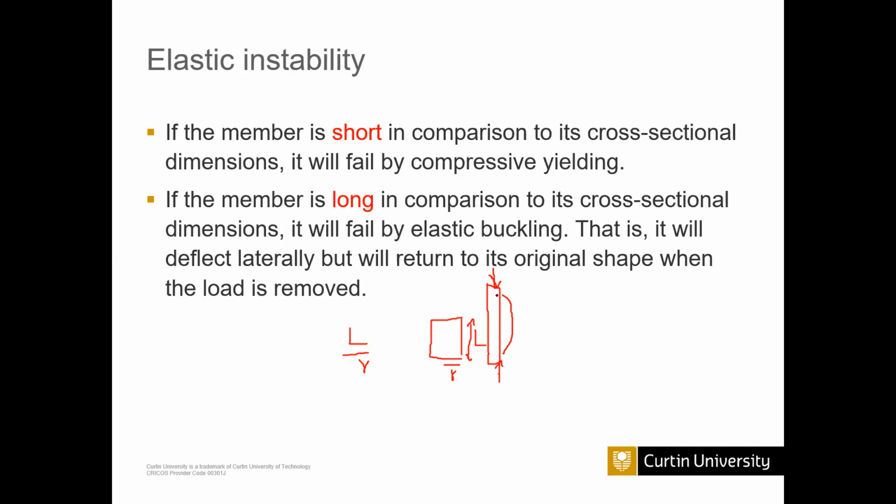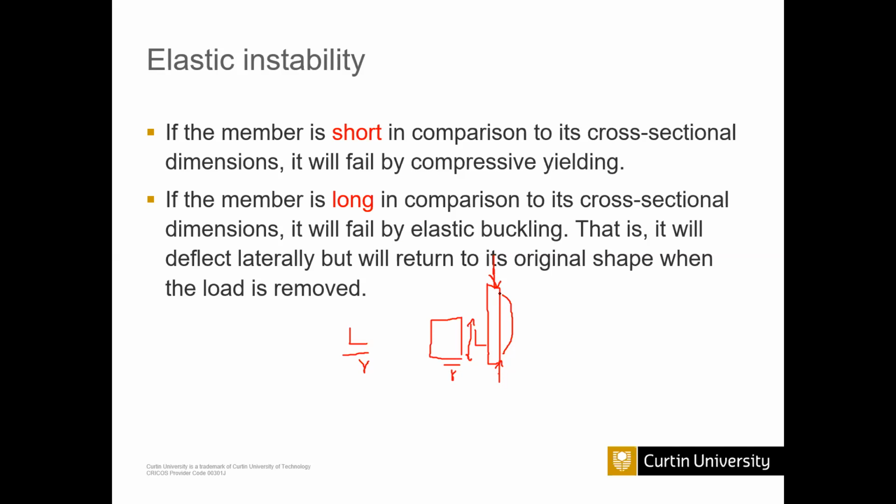If it recovers after removing the load, we call it elastic buckling. Furthermore, when you apply this load, the column will bend and be stable like this. After we remove it, it will come back to the initial position. But there's another case, where it will not be stable, it will break.